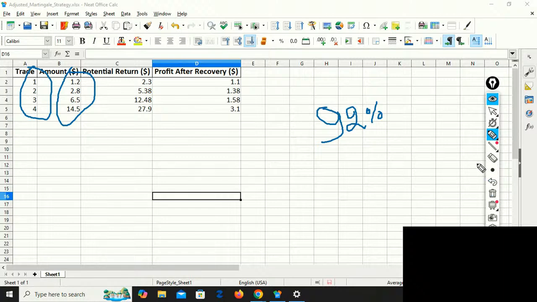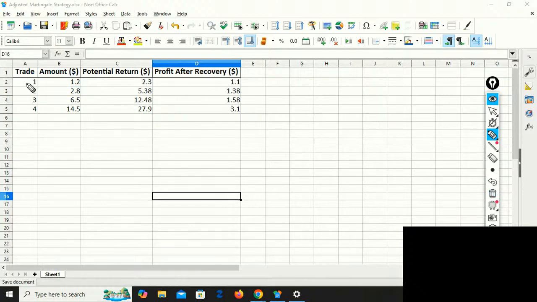So martingale basically is when you lose your first trade, you enter the second trade with a larger amount. If you win the first trade, you go back to the original amount. So if you enter this trade and win, you go back to trading with $1.2 in this case.